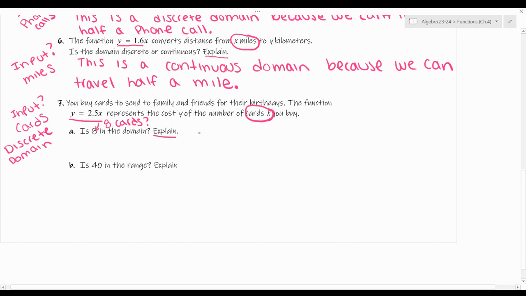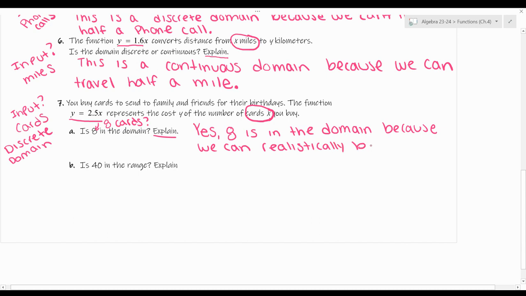So is 8 in the domain? Yes, 8 is in the domain because we can, realistically, buy 8 cards.